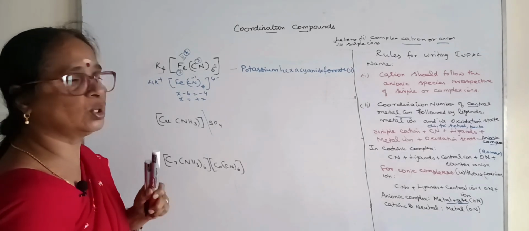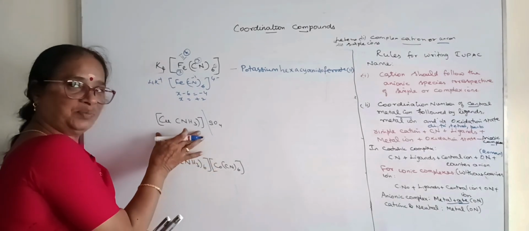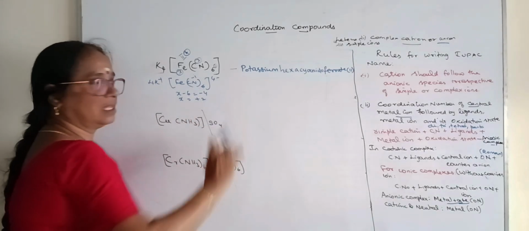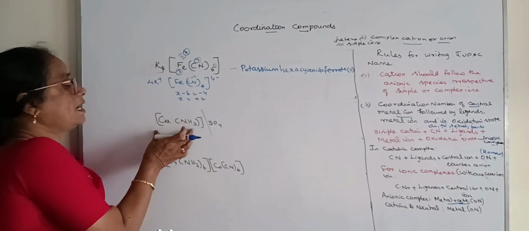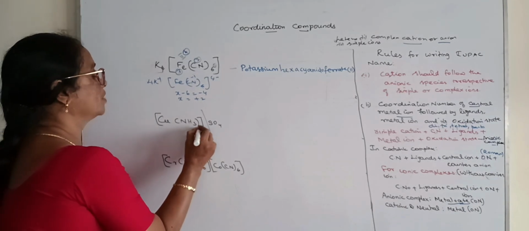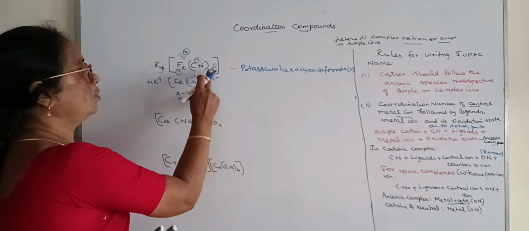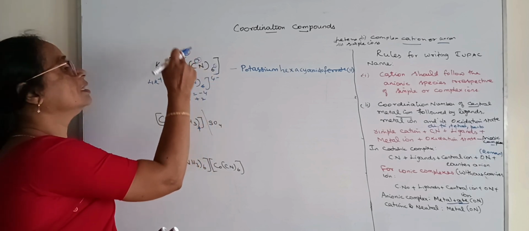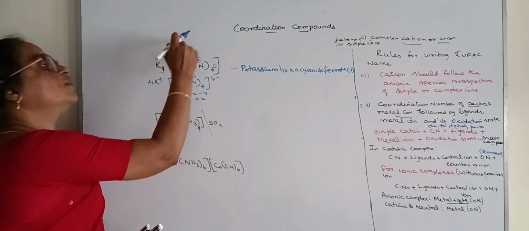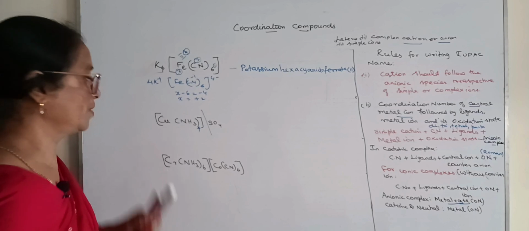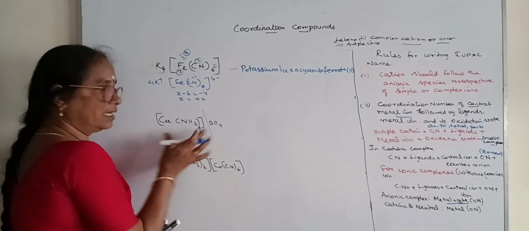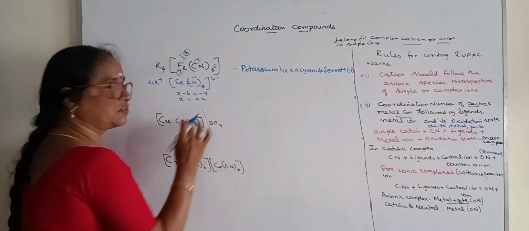So similarly here, this is the cationic complex, and this is the simple anion. What do we have to do? Always we have to name the cation followed by the anion. Here the cation itself is the complex. So first, coordination number, then ligand, then metal followed by its oxidation number. I said it is the cation, and what is the charge of sulfate?